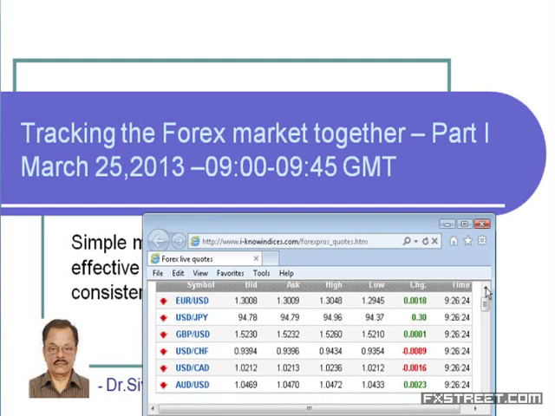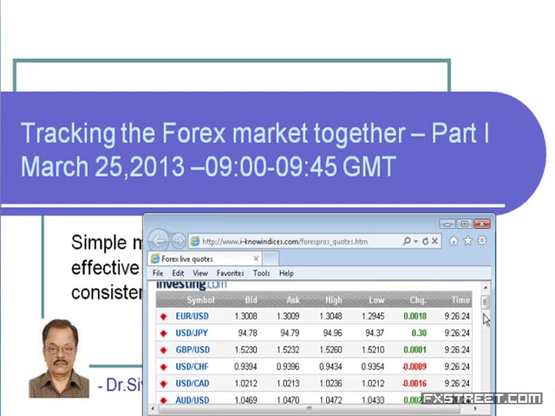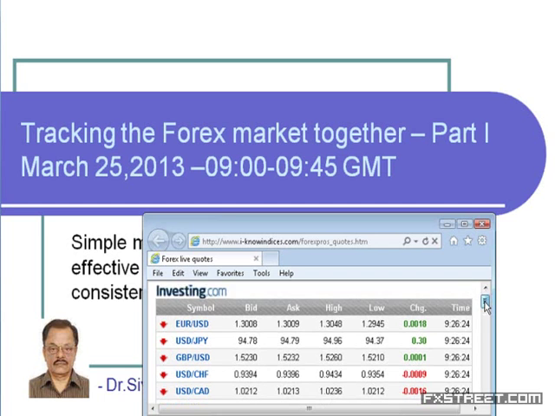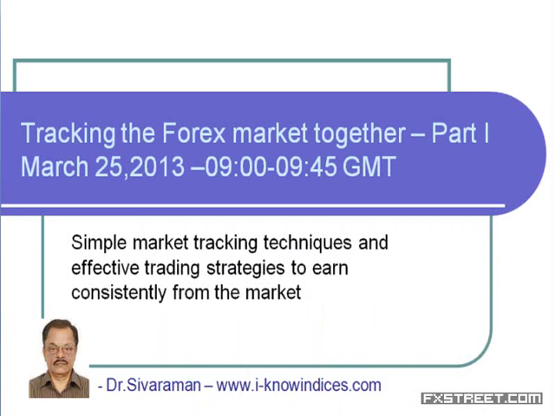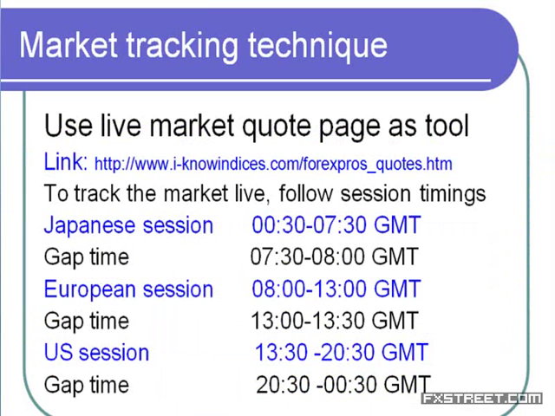So before going to the details of the live market code page, let me explain to you how the market has to be tracked. First of all, we try to identify the time taken for each session by the players.